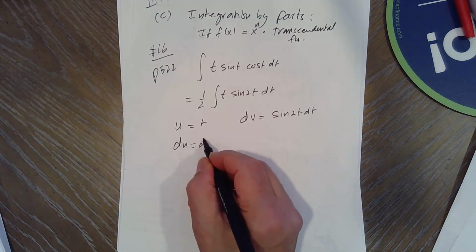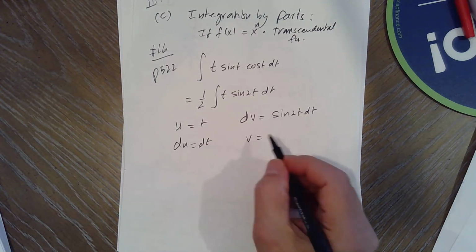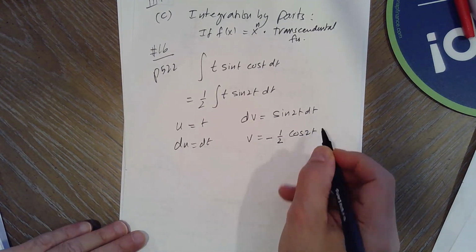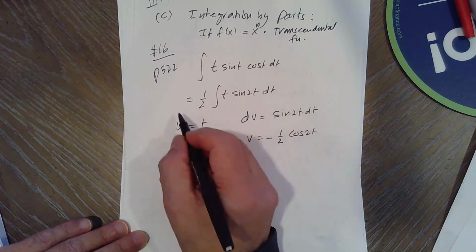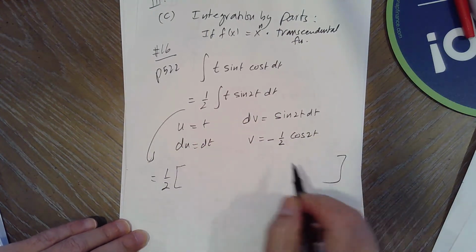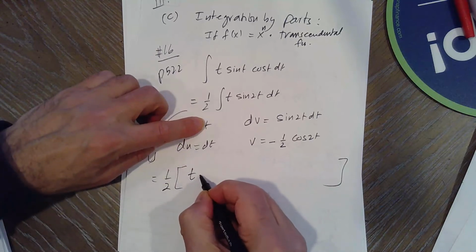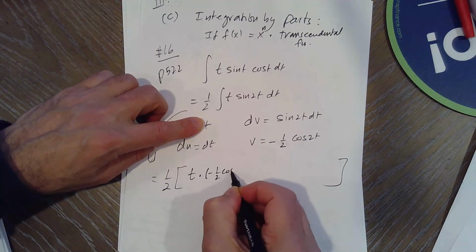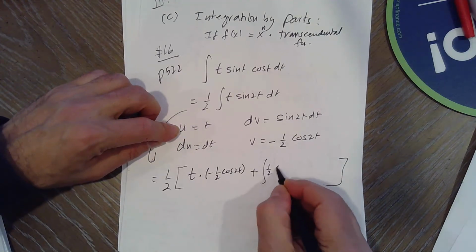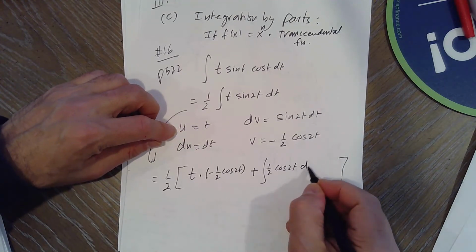So du would be dt, and v would be the integral of this, which is negative 1/2 cosine 2t. So we're going to do 1/2 u times v, minus the integral of v du, which is dt.